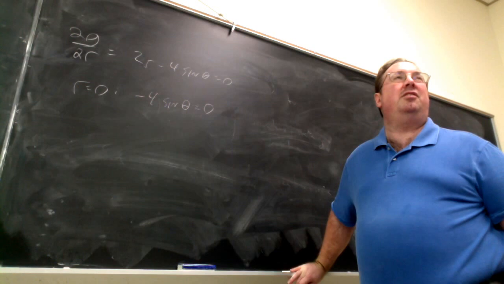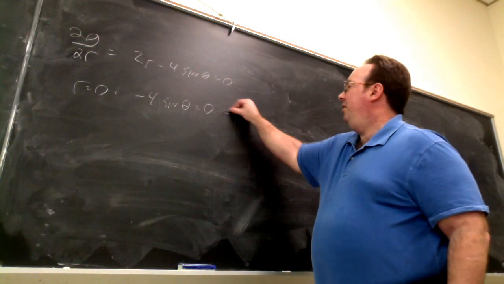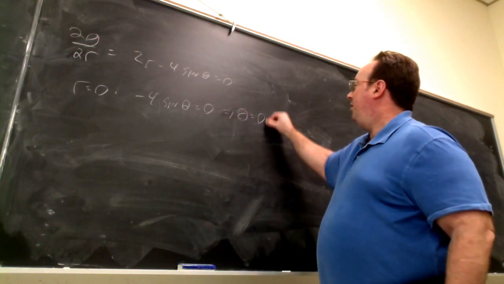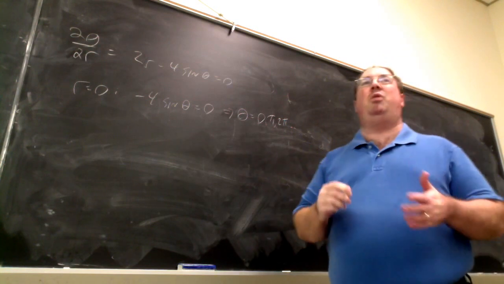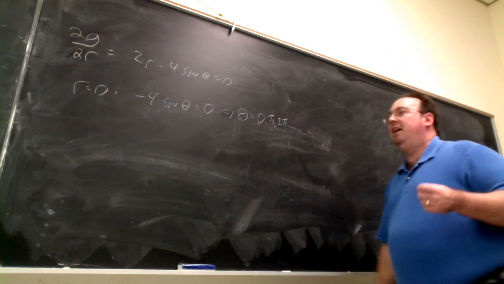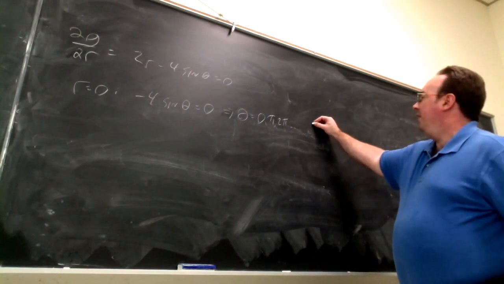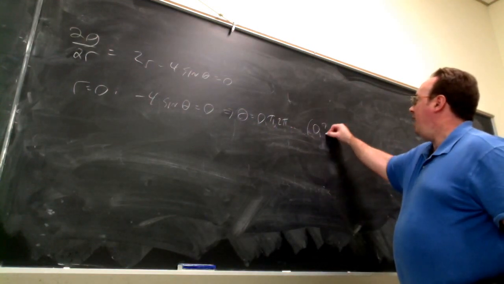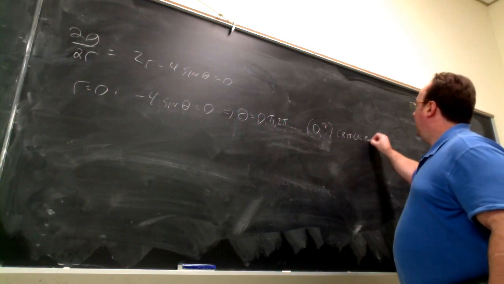What's the x and y? It's 0, 0. So now, theta can be 0, pi, any multiple of pi, but you're still at the same point. So at the origin, 0 anything is a critical point.